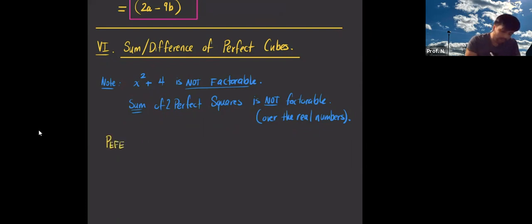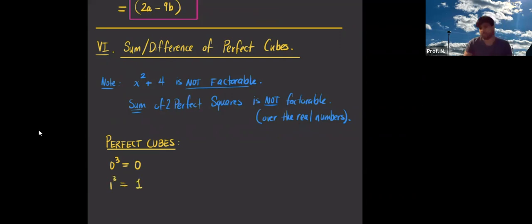The same way we've talked about perfect squares, what are perfect cubes? What are examples of perfect cubes? So we'll see here that 0 cubed, 0 to the third power, is 0. 1 cubed is 1.